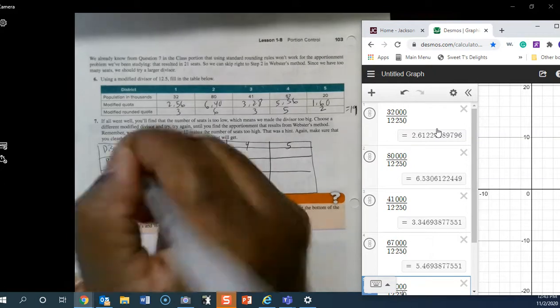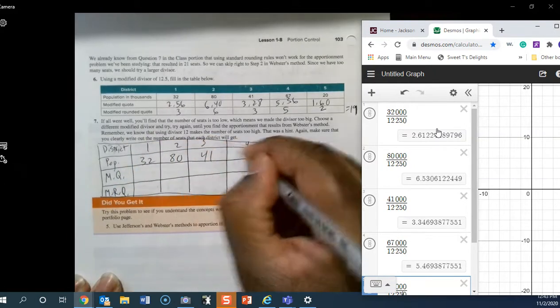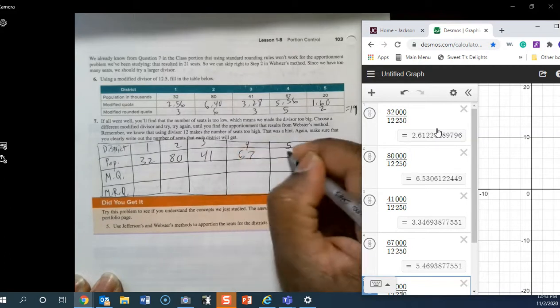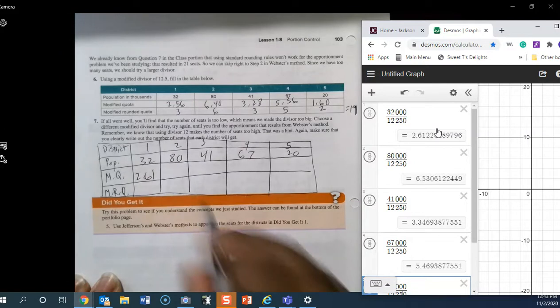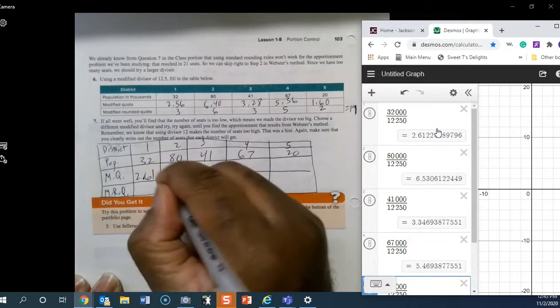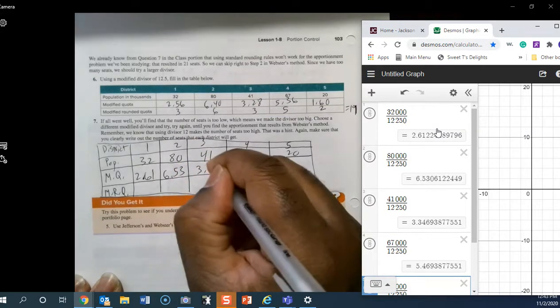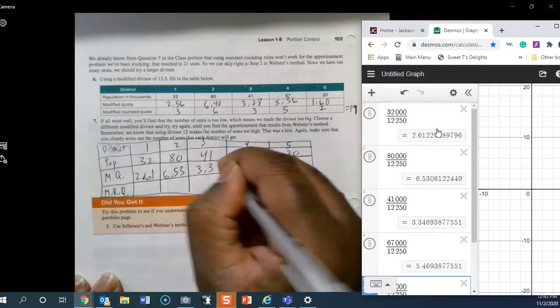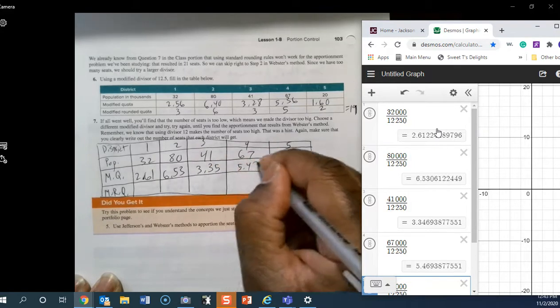Okay, so this would be 32. Now we know this is in thousands. So we will have 2.61 for District 1, which would be the modified quota. District 2 would be 6.53. District 3, 3.35. District 4, 5.47.